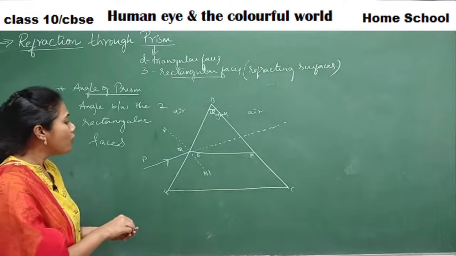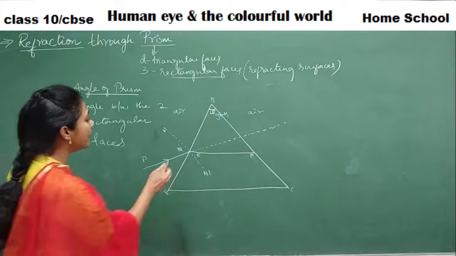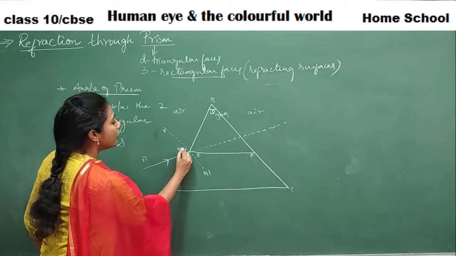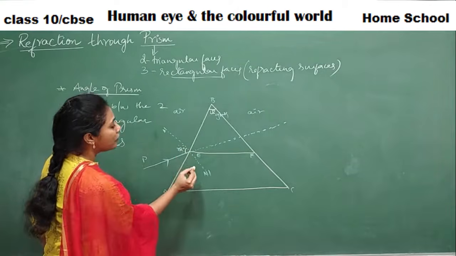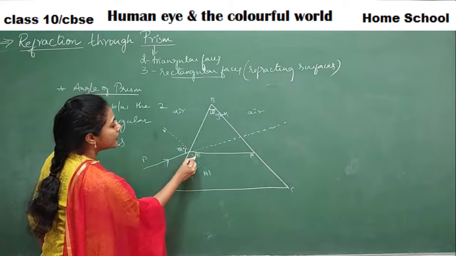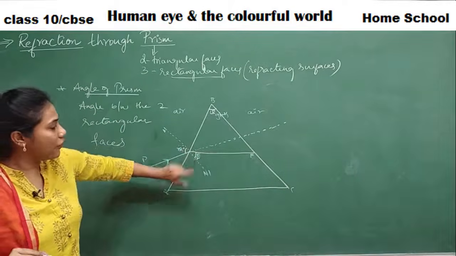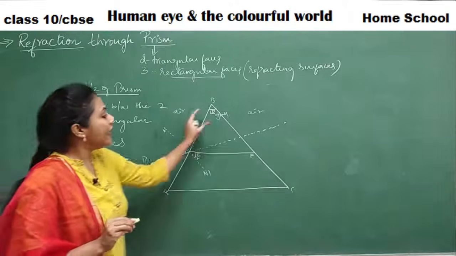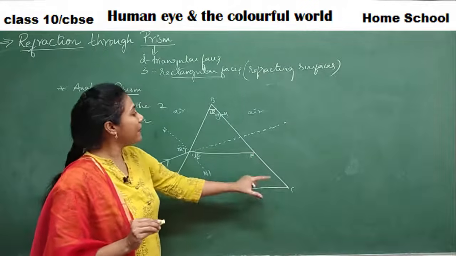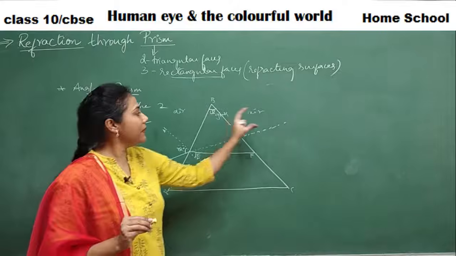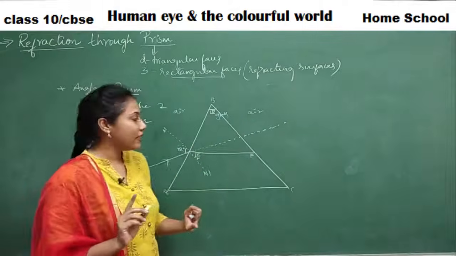So now here, what is the angle of incidence? So this is our angle of incidence, and which is the angle of refraction? Definitely this is our angle of refraction, right? Angle of incidence, angle of refraction. Clear. And now the ray is again coming back from glass medium to air medium, right?